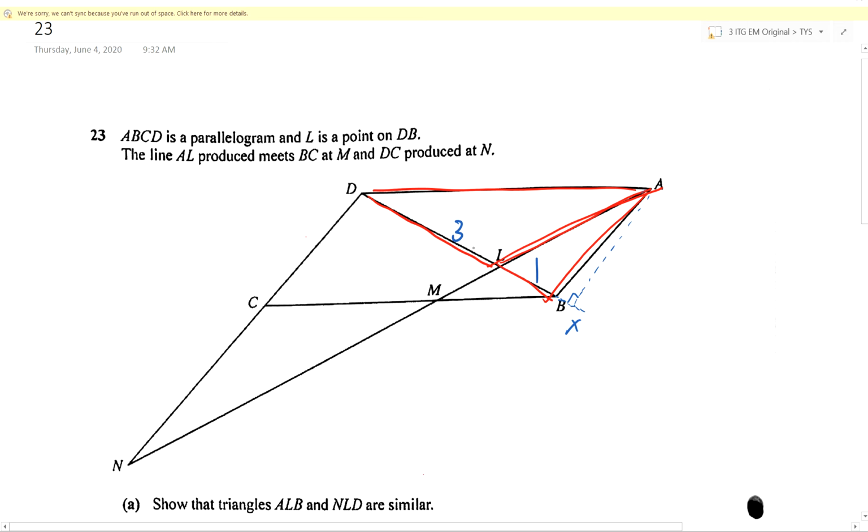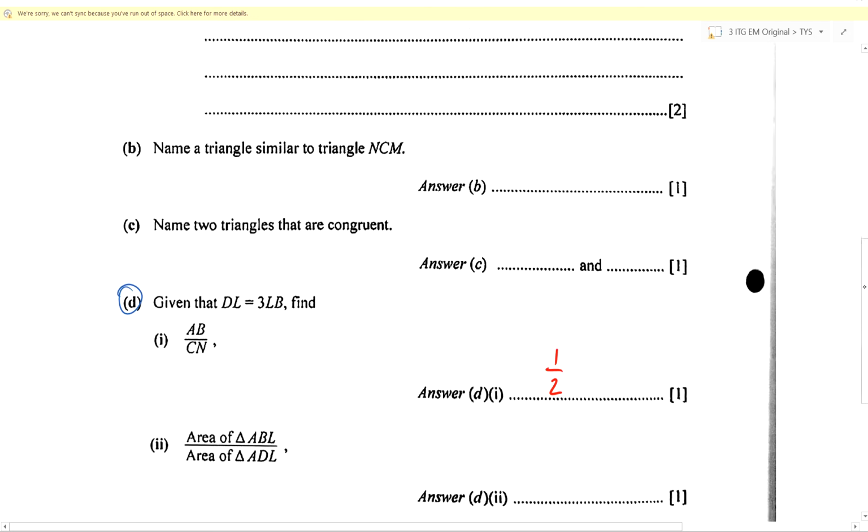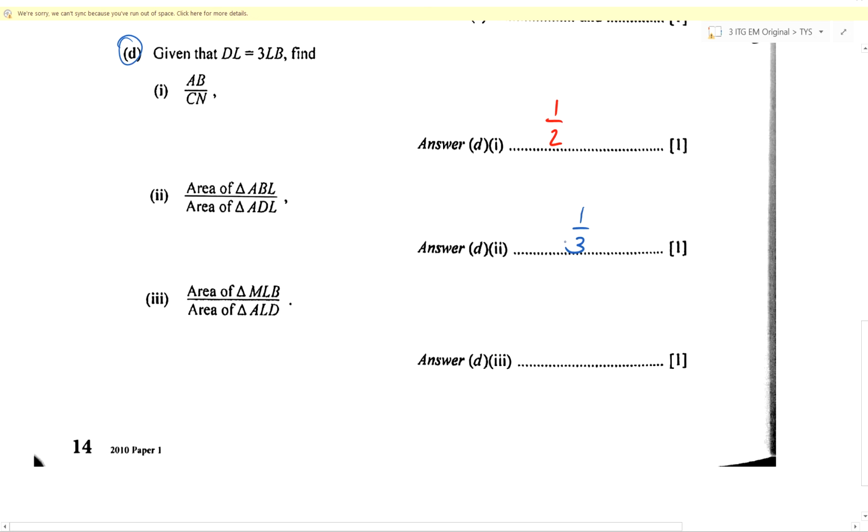For this type of triangles, the ratio of area is simply the ratio of the bases, because half times base times AX over half times base times AX is the same as the ratio of the bases. So 1:3. So the answer we have is 1/3.